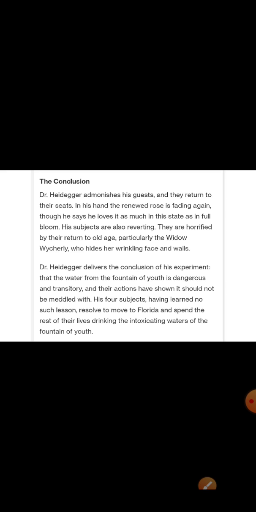Dr. Heidegger delivers the conclusion of his experiment that the water from the fountain of youth is dangerous and transitory, and their actions have shown it. It should not be meddled with. His four subjects, having learned no such lesson, resolve to move to Florida and spend the rest of their lives drinking the intoxicating waters of the fountain of youth.